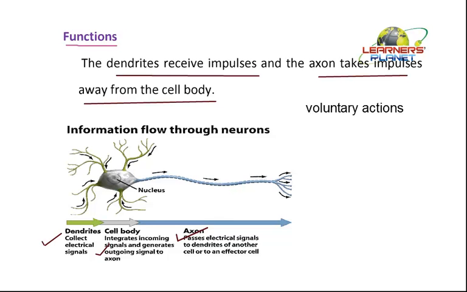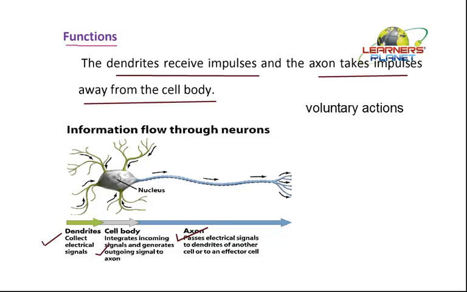Voluntary actions are those which we perform, which we take according to our own will. So whatever action you need to take should be in a controlled and coordinated way. This type of command to take certain voluntary action is given by the brain, and that is of course a type of nervous tissue.